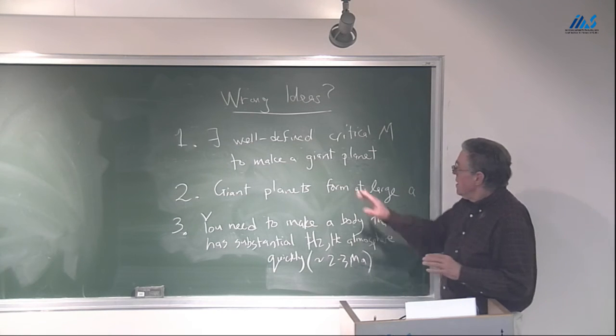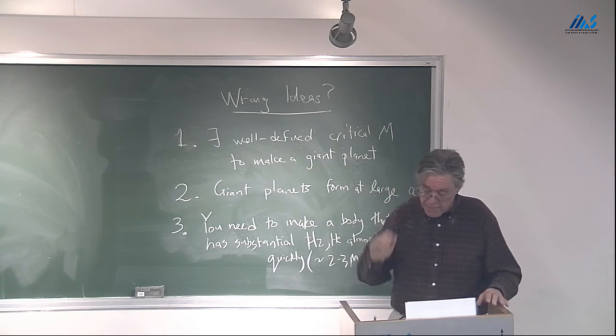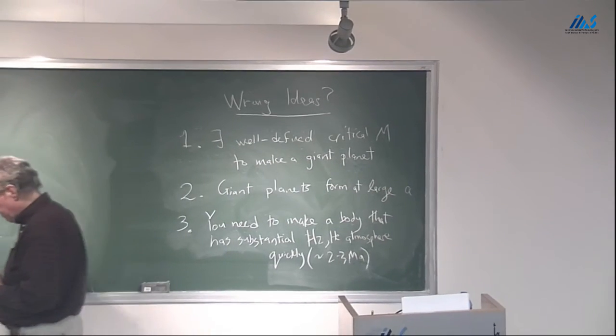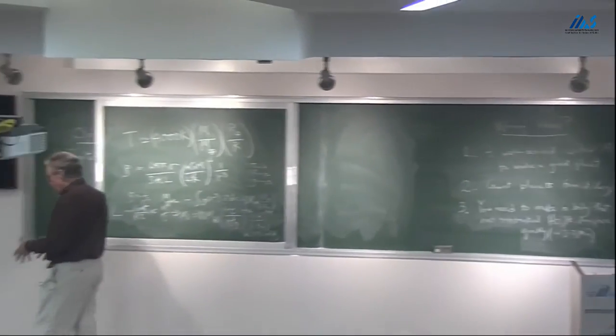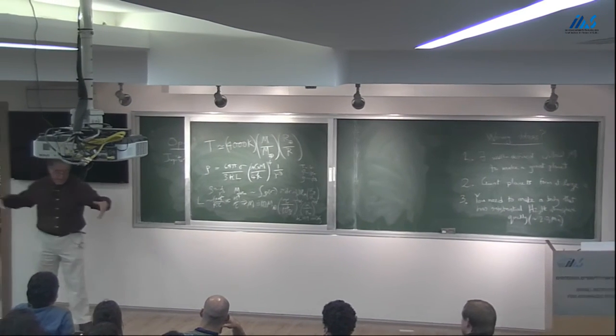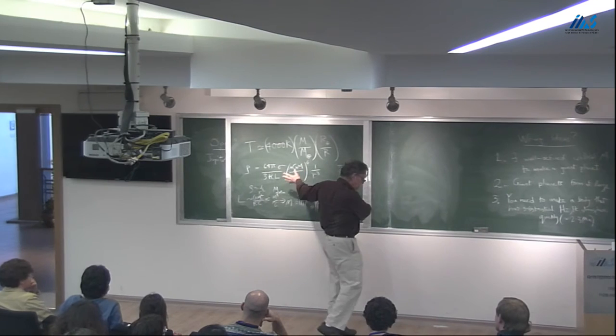Now, let me tell you, and this is where I start waving my arms, about how this really works. So this is how it works. You build your core of condensed stuff. You're aggregating the gas on top quasi-hydrostatically in the way I've described.